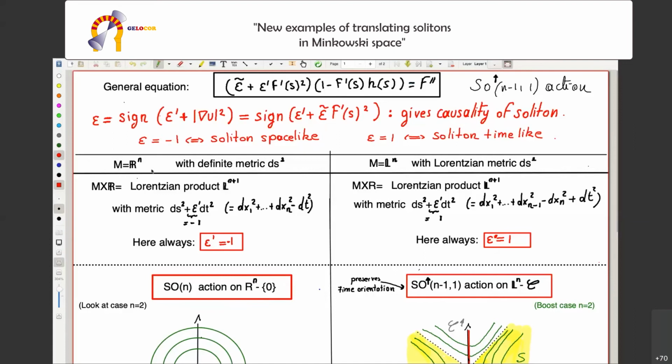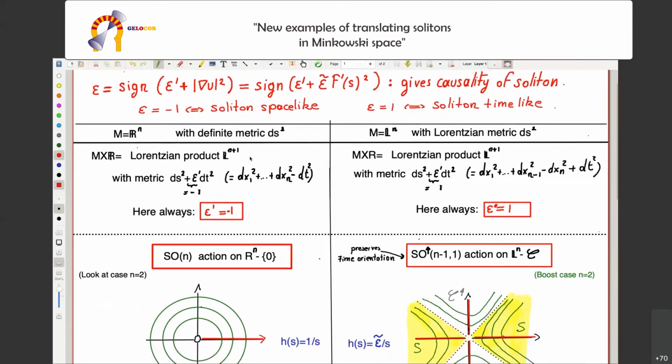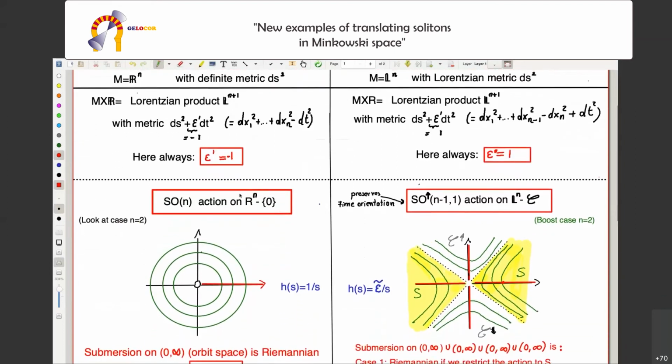Now let's look at the first example. Our first example was just to take R^n with definite metric and make a Lorentzian product out of it, meaning that the epsilon prime here was -1. So I have this metric here. And we look at the SO(n) action on R^n minus 0. Why? Because we want to have a nice Riemannian submersion, so we want our quotient to be Hausdorff, and if we have the 0, this is clearly not.